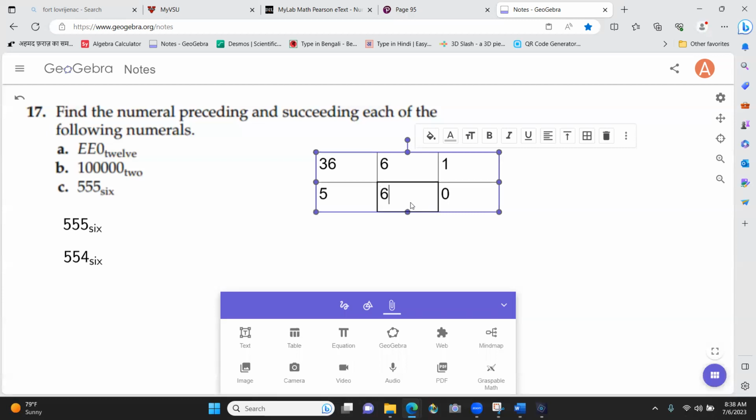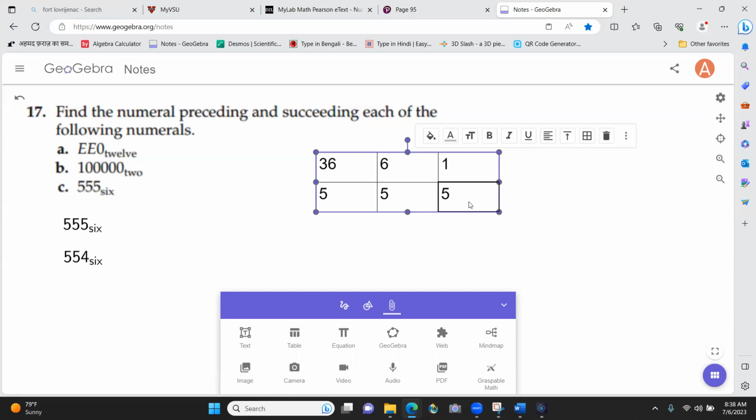You can't have a 6 there. So 6 of 6 is 36. So this is good. I'm going to make it 0. I'm going to go here, and this will be 6, right? Let me go back and see it once again. But I don't think I messed up. Let me explain it once again.